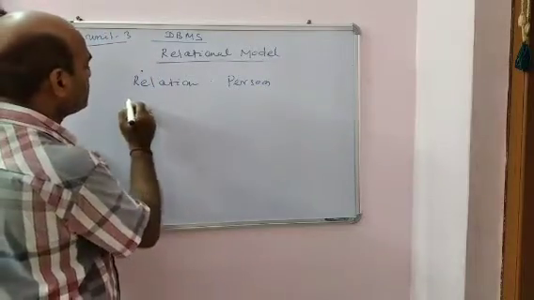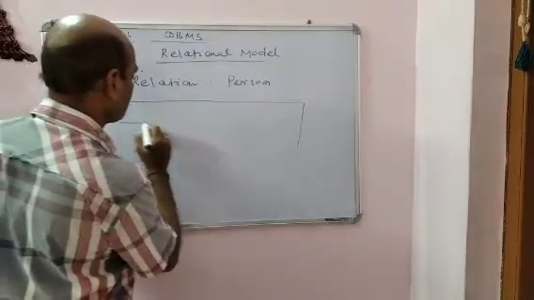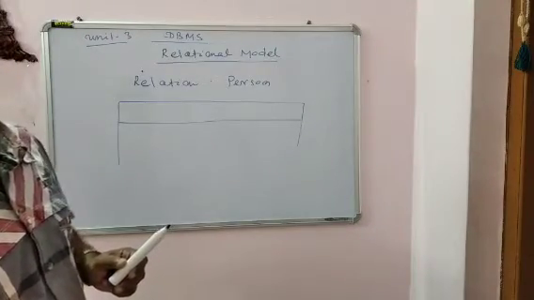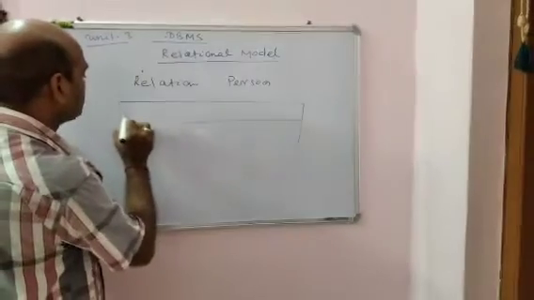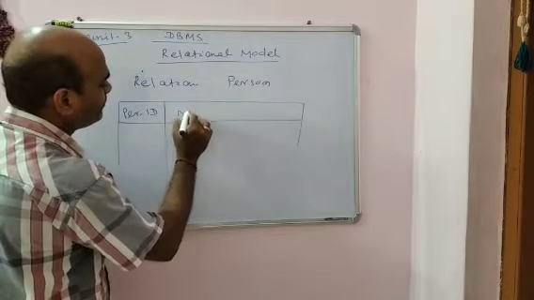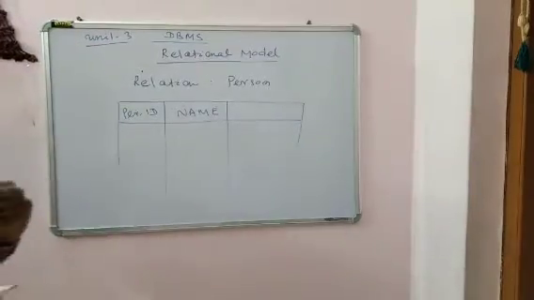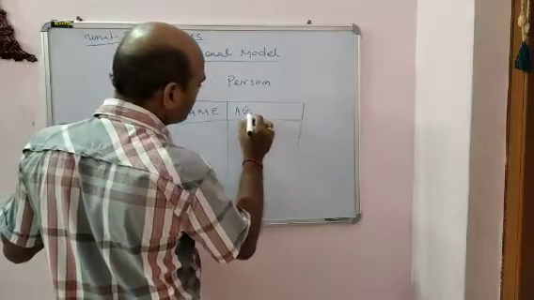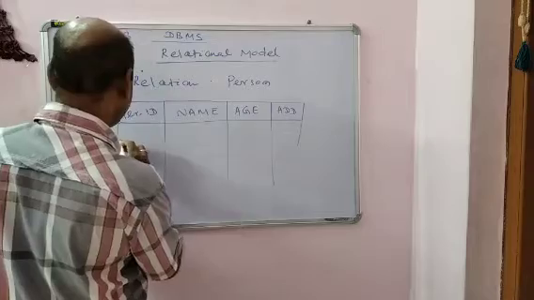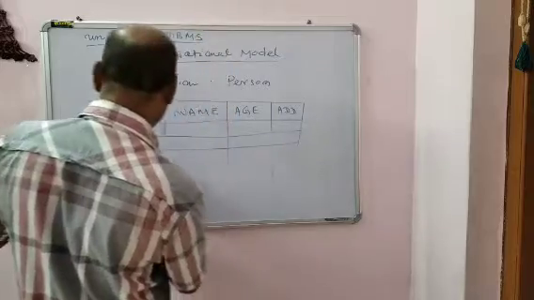In a person there are so many attributes, which we took as an example in the previous video class. Suppose there is a person ID, then name, then age, address, and here we are storing some values.